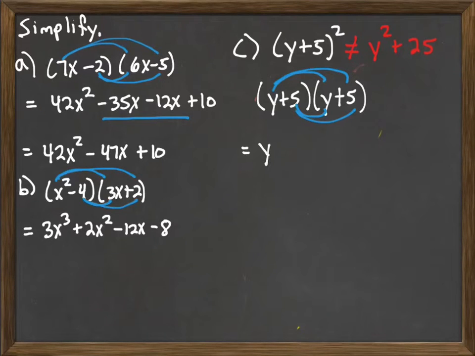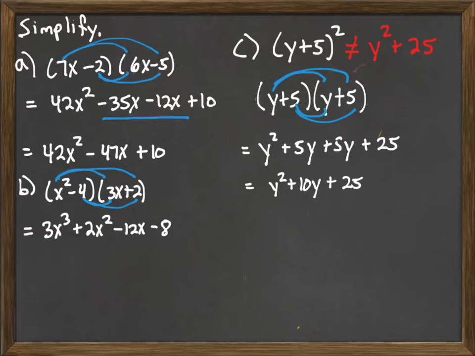Y times y would be y squared, y times 5 would be a 5y, and then 5 times y will be another 5y, and then 5 times 5 would be 25. And then just like in the example on the left-hand side there, we do have some like terms. 5y and a 5y would make that 10y, so our final answer is y squared plus 10y plus 25.